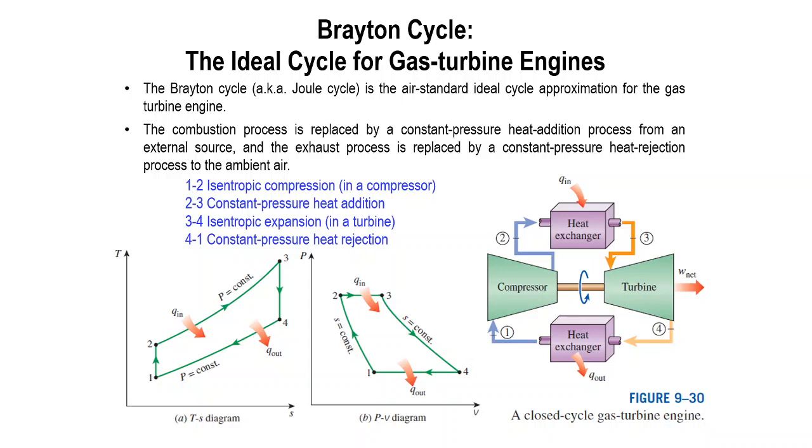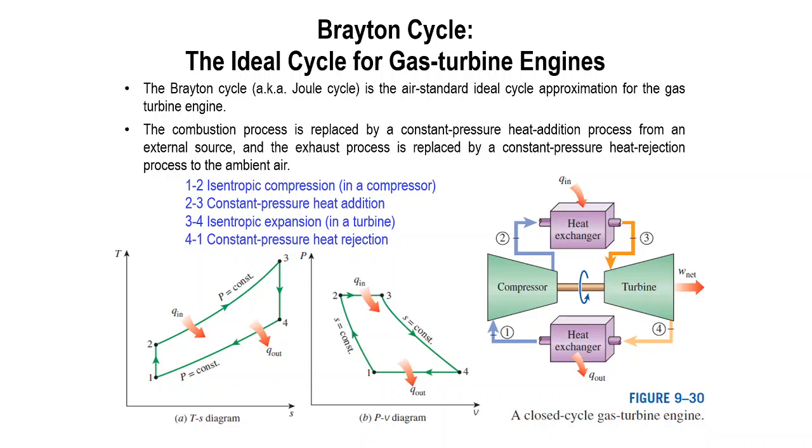So basically the introduction of Brayton cycle. The Brayton cycle, also known as the Joule cycle, is the air standard ideal cycle approximation for the gas turbine engine. So basically we assume the Brayton cycle is the basic ideal for gas turbine.